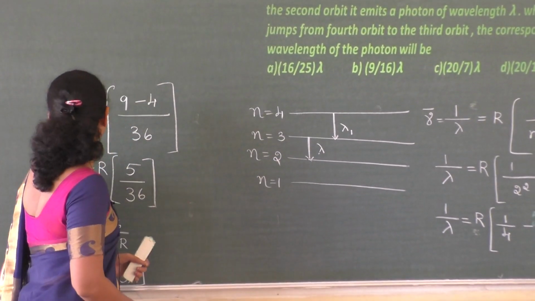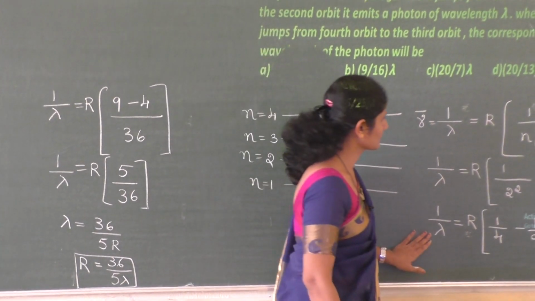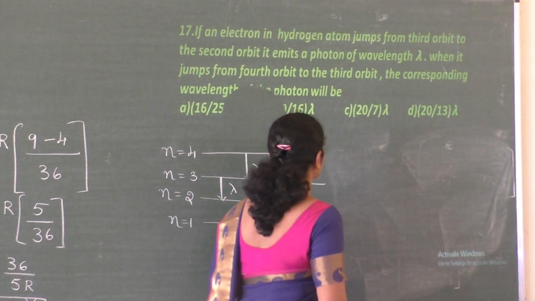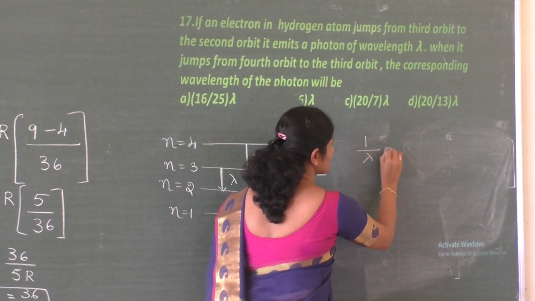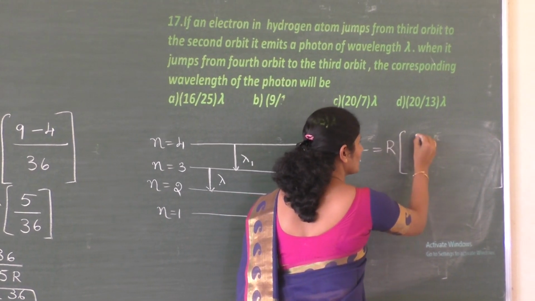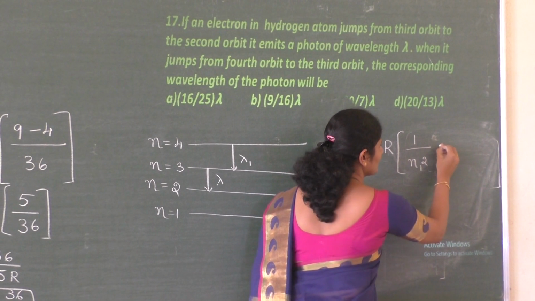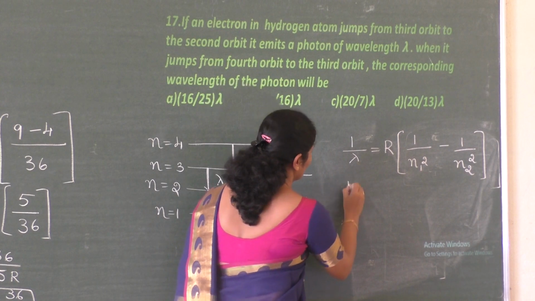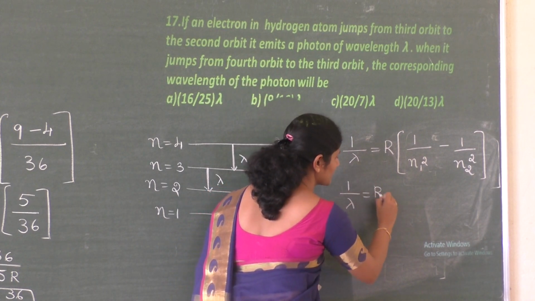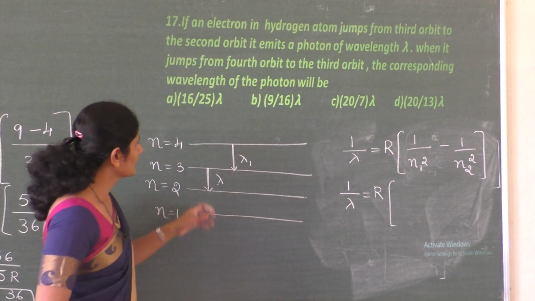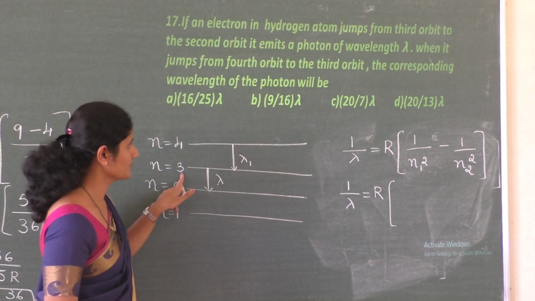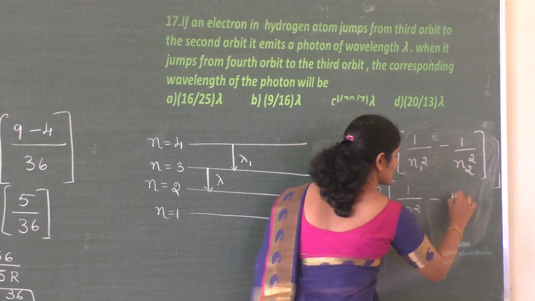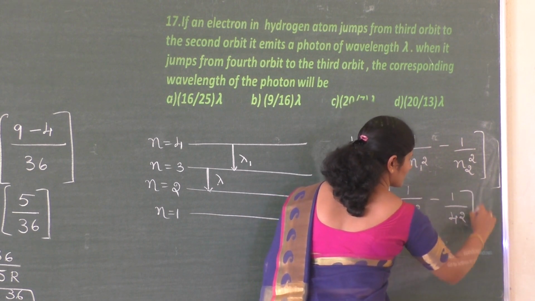For the second case, 1 by lambda is equal to R into 1 by n1 square minus 1 by n2 square. For the second case, n1 is 3 and n2 is 4. 1 by 3 square minus 1 by 4 square.